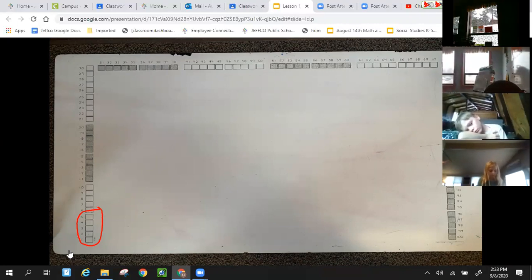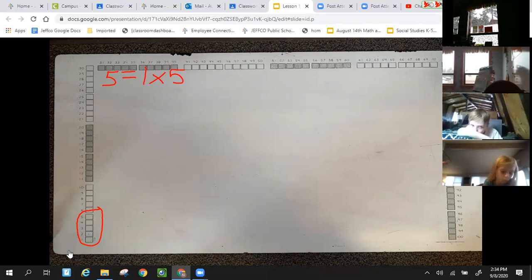So this is our first group. At the top, I want you to write 5 equals 1 times 5, because that is showing us that that's one group of 5.